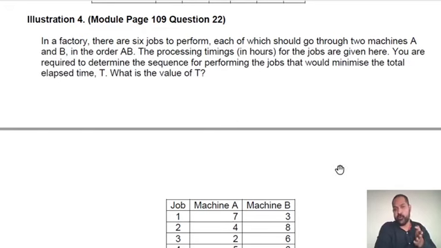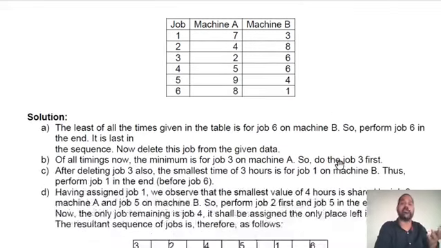This is one of those questions where once I do the question, I will be able to tell you better what everything is and how this makes the process better. So again, they have given you the jobs 1 to 6. They have given you the 2 machines that process these jobs 1 to 6. And they have also given you the timings of the jobs on that particular machine.